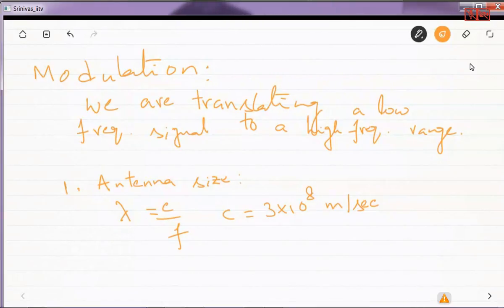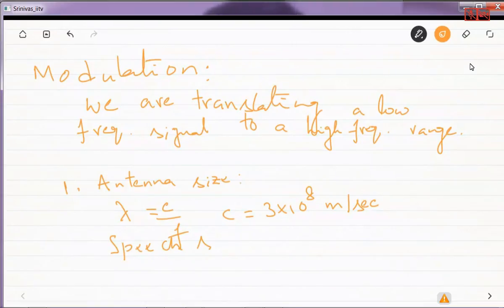What information signal should we consider first? Let's consider the speech signal. Let me go to the next page.